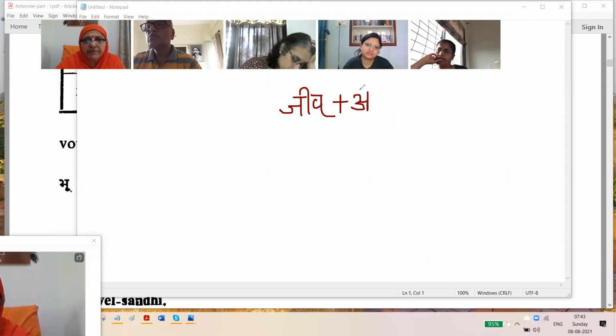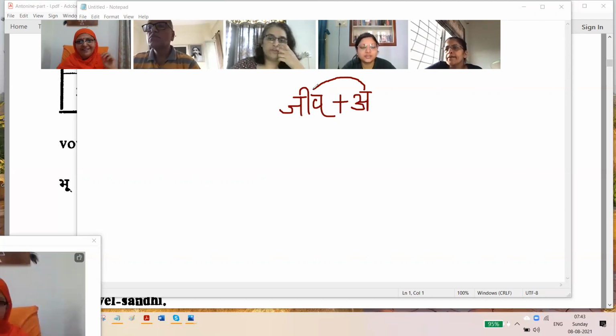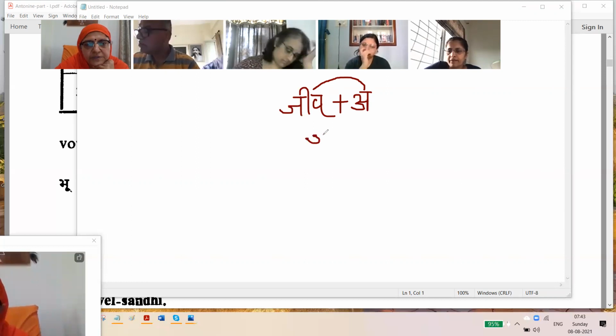We have to remember it. Can it cause the guna of the vowel or not? They have said guna only for a short vowel, hrasva. So Jiva remains as it is. Jiva-mi, it remains Jiva only.